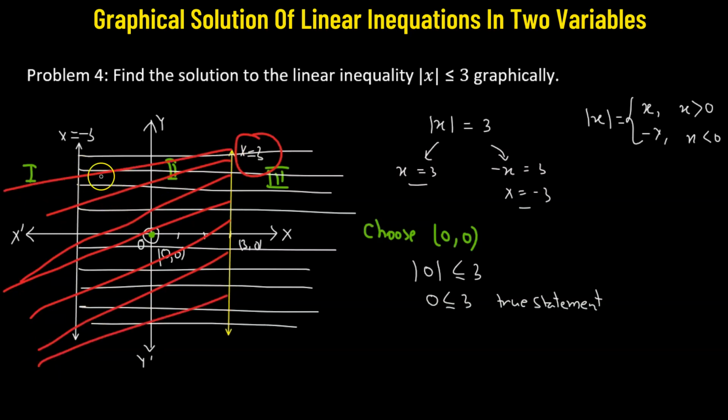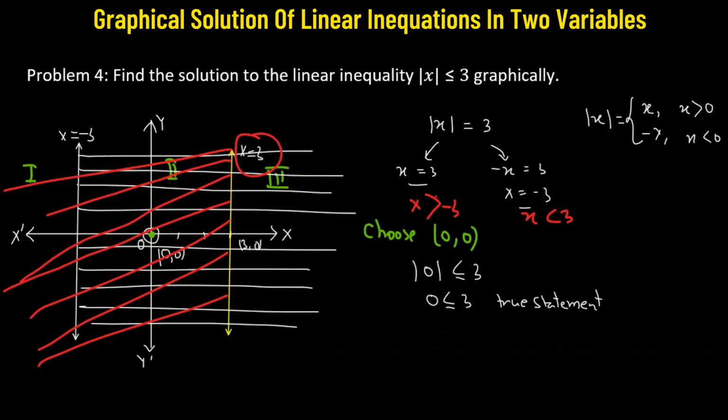Now we see an overlap of the two solutions, because we have two inequalities: x greater than -3, and x less than 3. These are the two solutions we are getting, and to find the common solution, we have to find the region which overlaps both of them. Clearly, that's region number 2.